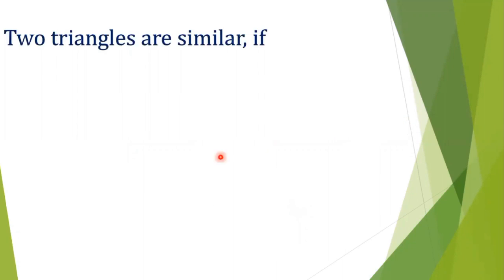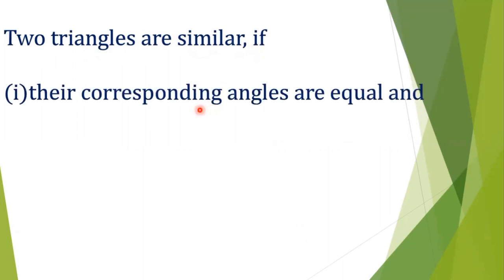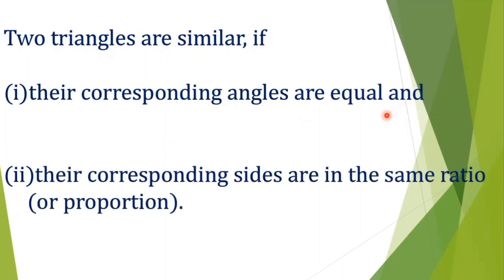Recall that you have learned about criteria for congruency of triangles in your 9th standard. Now recall the definition of similarity of triangles. Two triangles are said to be similar if their corresponding angles are equal and their corresponding sides are in the same ratio, or their corresponding sides are in proportion.